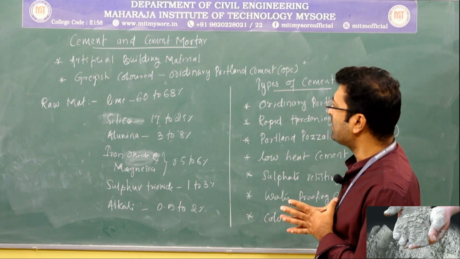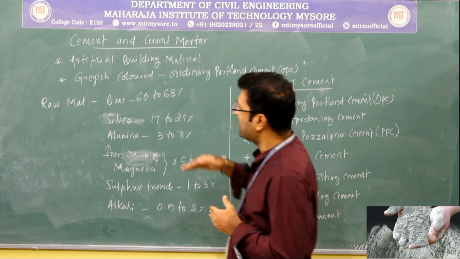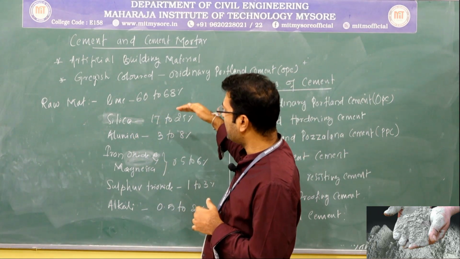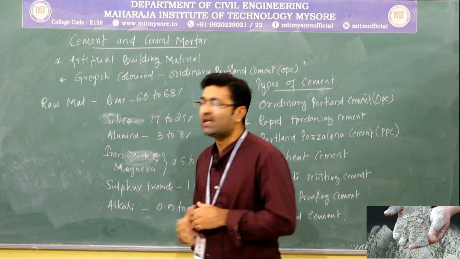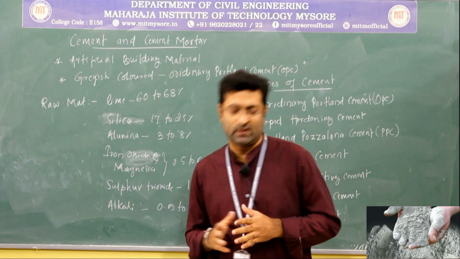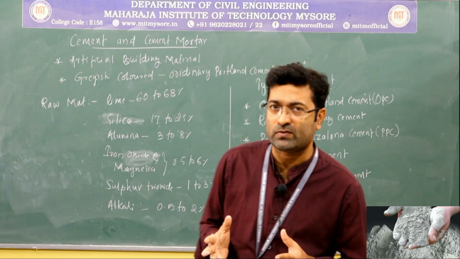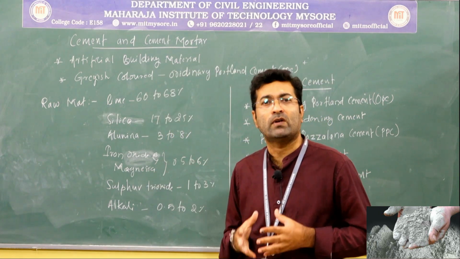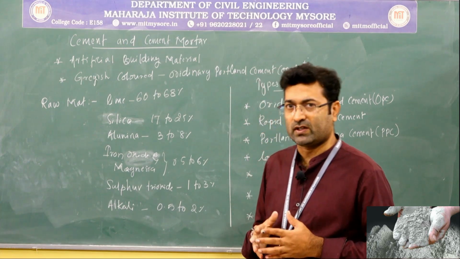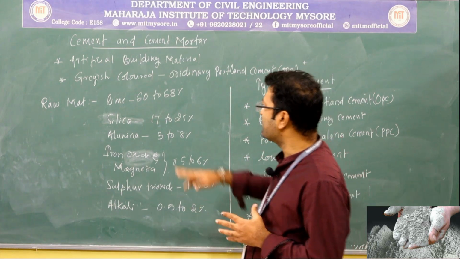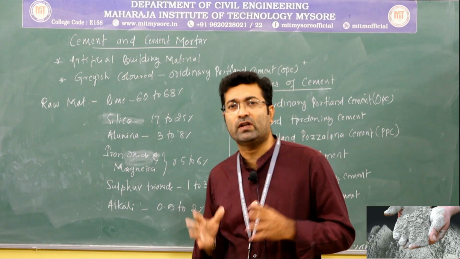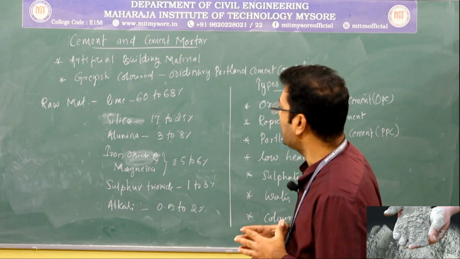Whenever we are manufacturing cement, we basically need some 5 to 6 different materials in different ratios, and the main ingredient is lime. I hope you know about limestone. Limestone is one of the basic raw materials required for manufacturing cement, somewhere between 60 to 68%. The majority of the portion is lime.